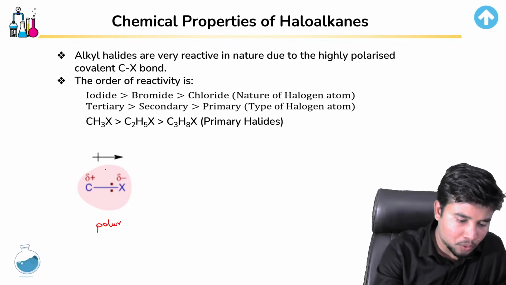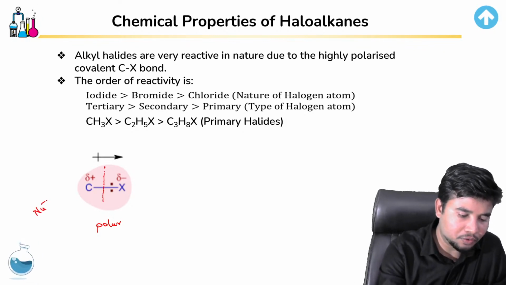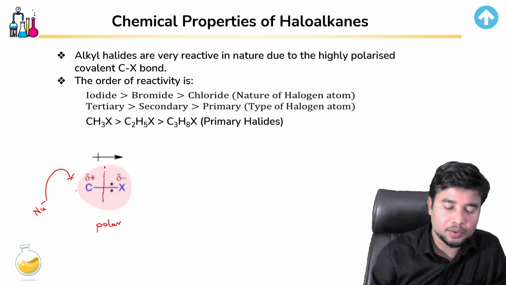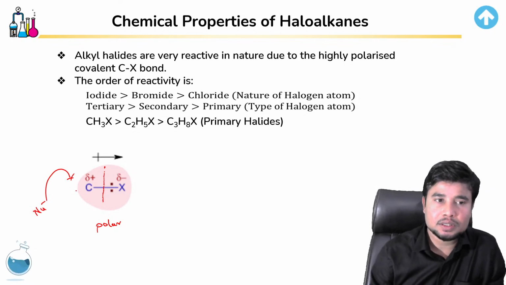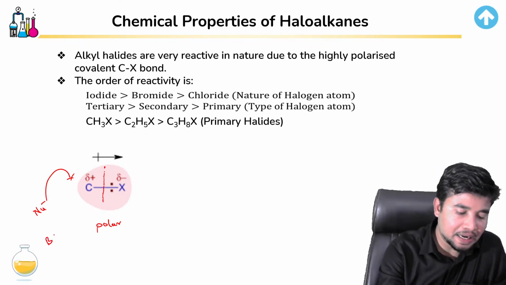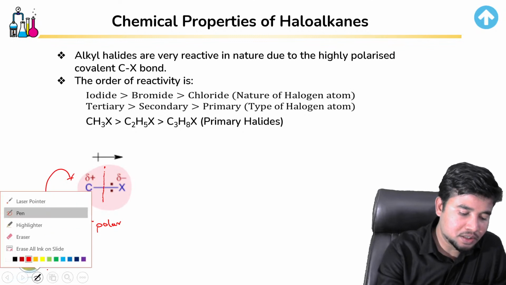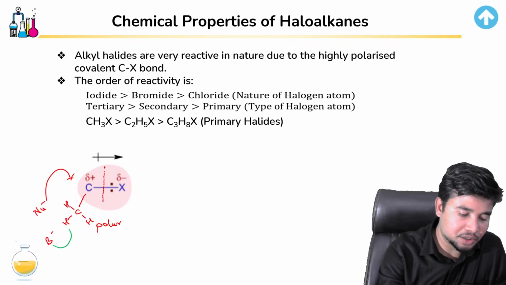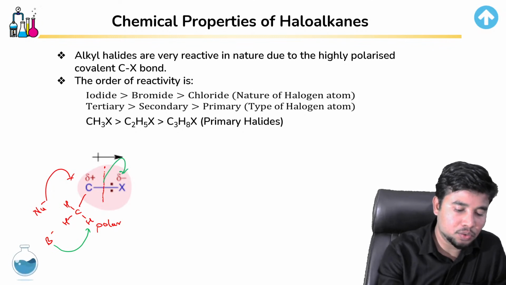Because it is polar, you'd see a negative group, maybe a nucleophile, attacking this molecule. There would also be situations where a base could attack a carbon next to this one carrying a hydrogen atom. So you would majorly see two types of reaction here: the action of a base and the action of a nucleophile.